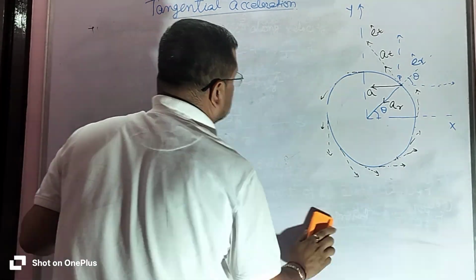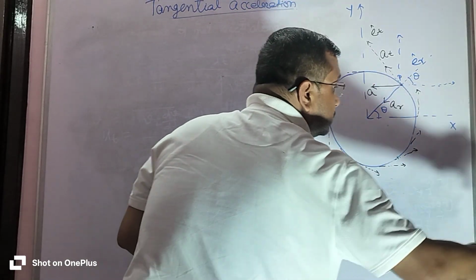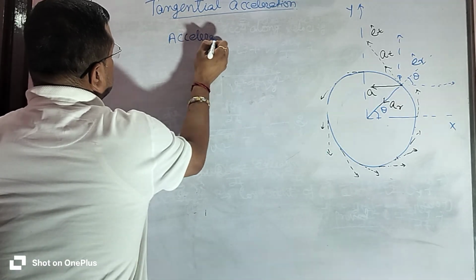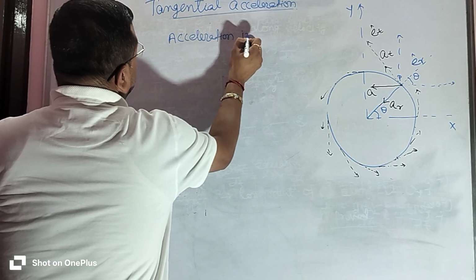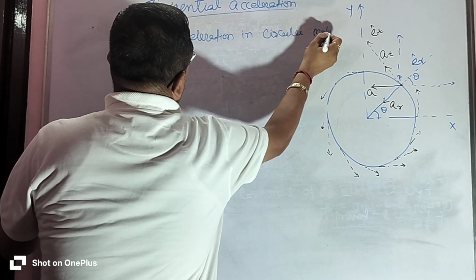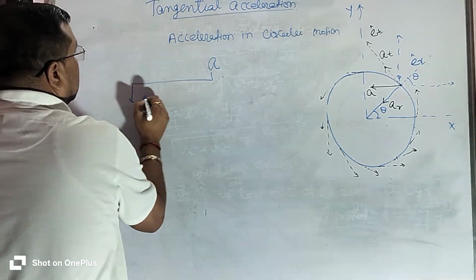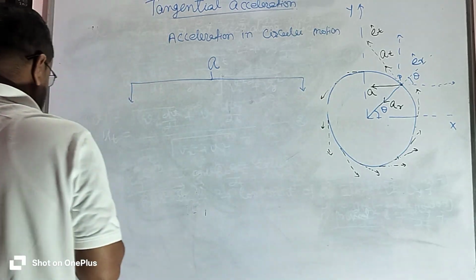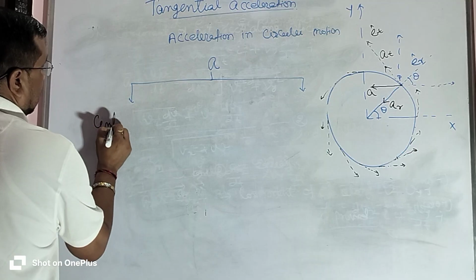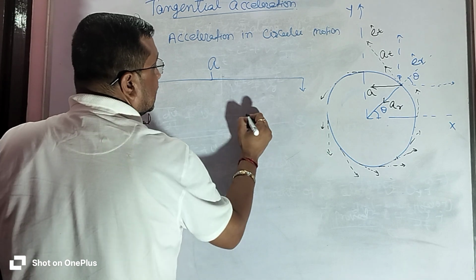Acceleration in circular motion: suppose A has two components. One is centripetal and another is tangential.